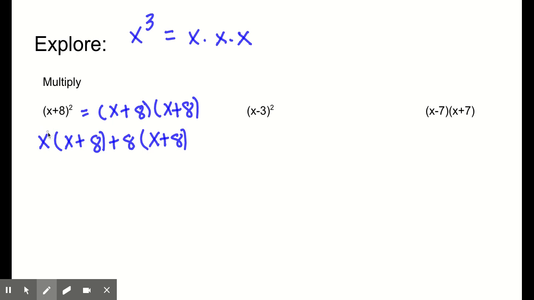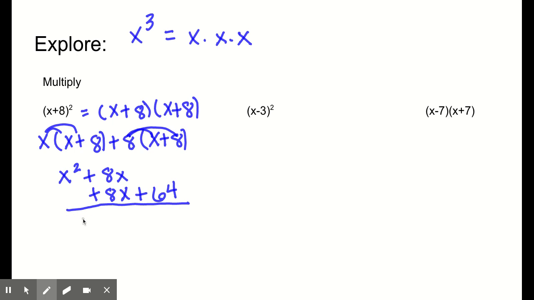And when we double distribute, we get x squared plus 8x plus 8x, and then 8 times 8 gives us 64. So when we simplify this, that's going to give us x squared plus 16x plus 64.